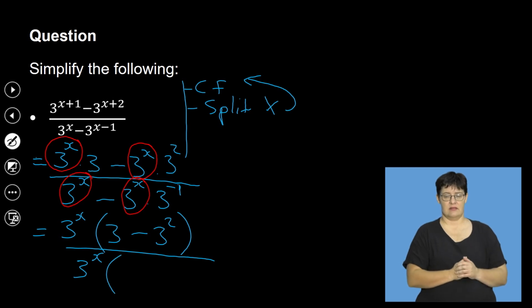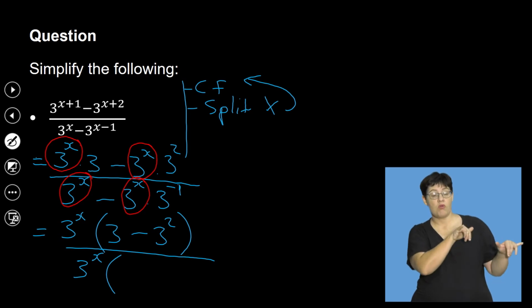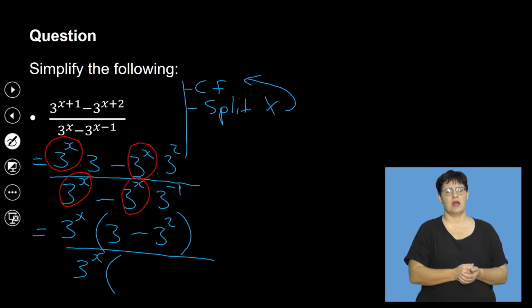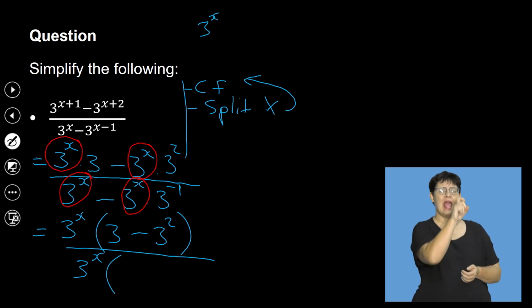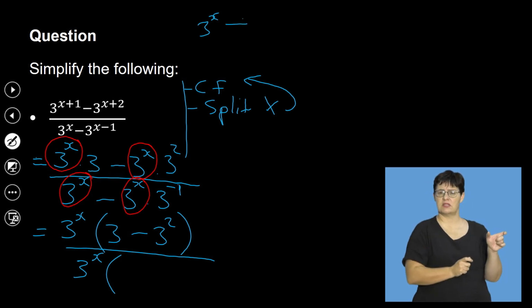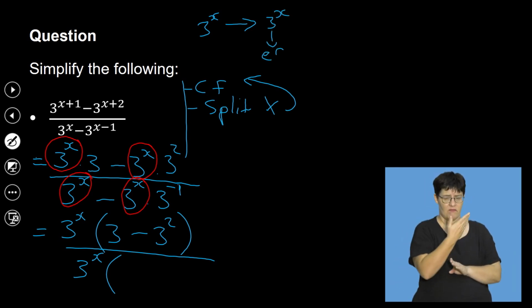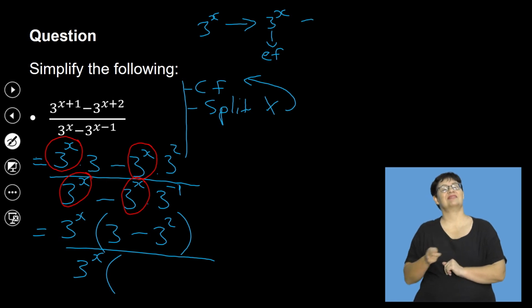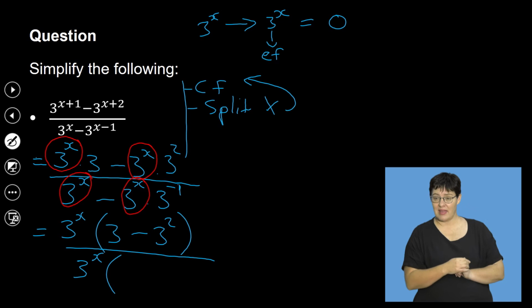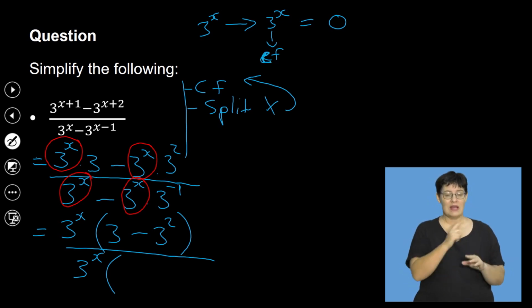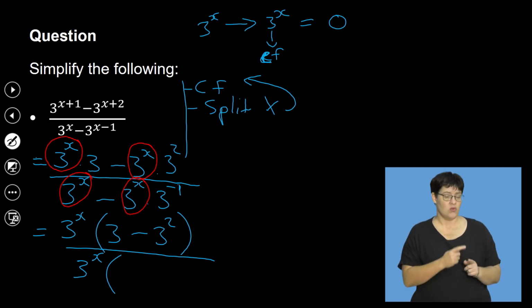You open the bracket. Now this is where that concept of using the common factor appropriately comes in. Some people will think that because I have 3 to the exponent of x as the first term and I'm taking out a common factor of 3 to the exponent of x, the remaining answer will be 0. That's not the case. Remember I said when we use the common factor, we use it in the form of dividing and not necessarily just cancelling out.